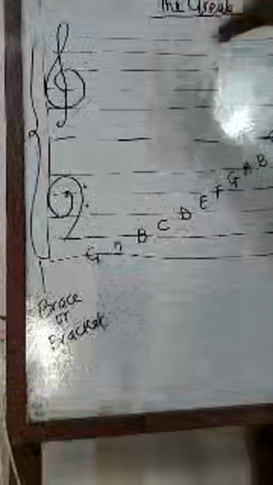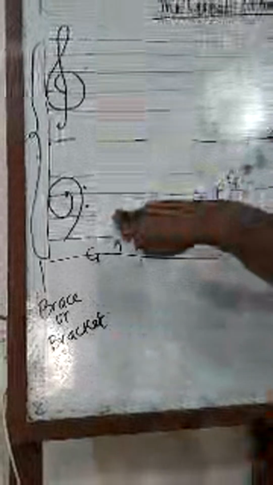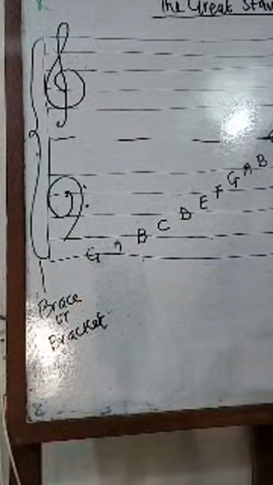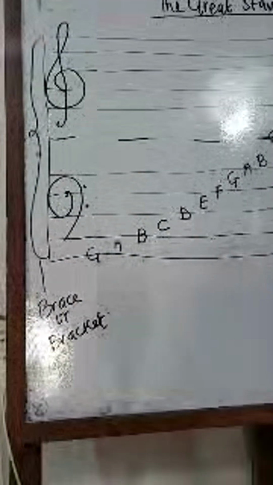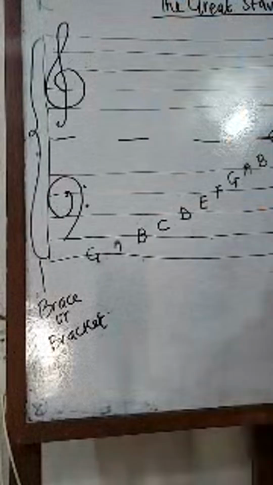So this is called the great stave or grand staff also. When you are using this with a bass accompaniment for one instrument, the likely instrument you can do that on is a piano. Or if you are playing a chord, even on a tenor, you also use this.